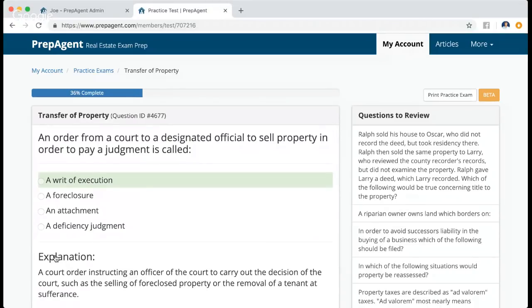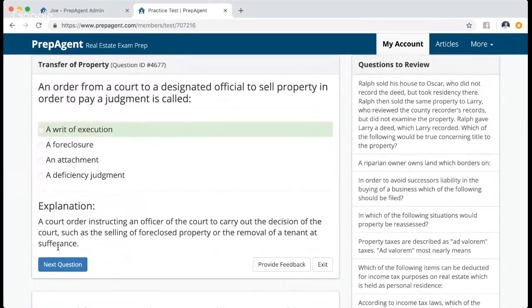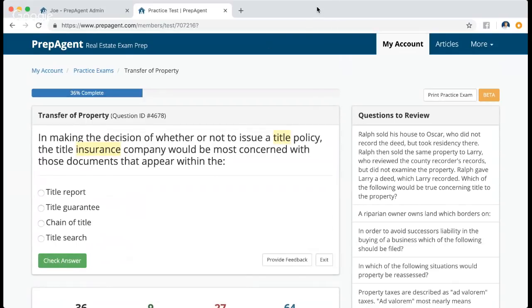Okay, the answer is A, writ of execution. An attachment is an encumbrance that goes along with the property, which could take many forms.